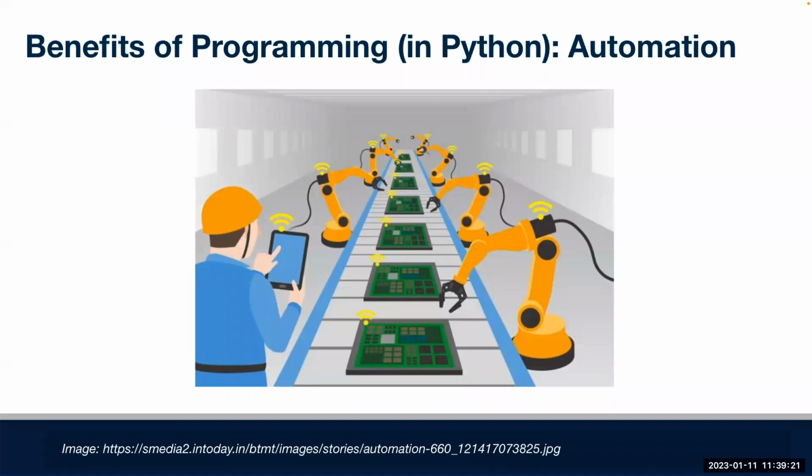Some of the benefits of programming in general, and certainly of Python, are in automation. If there's a task that you would do once per week, for example, and it takes you like an hour, if we're able to automate that process, it might take you an hour or two upfront to write some code to facilitate that process, but then in the future, you can just press a button, run some code, and it's done in a flash.